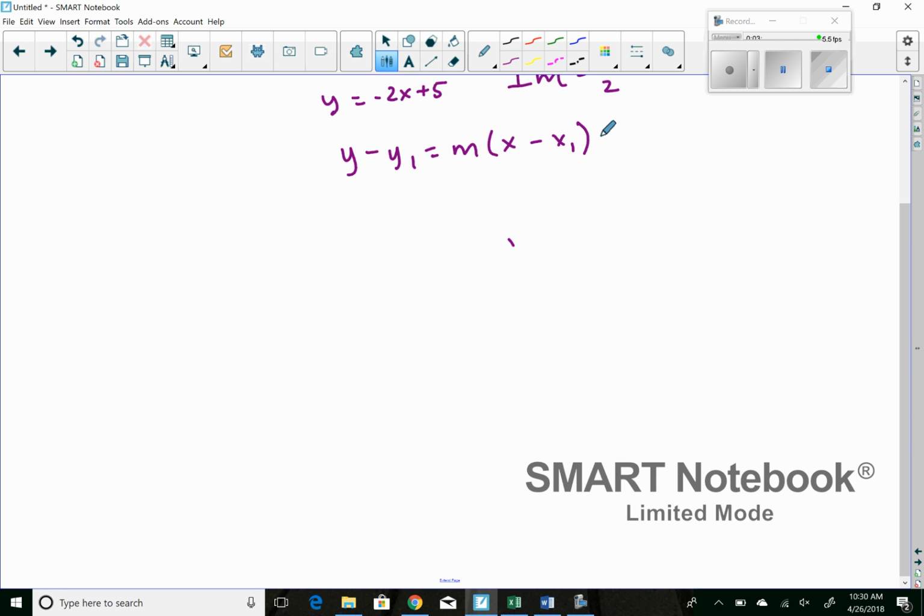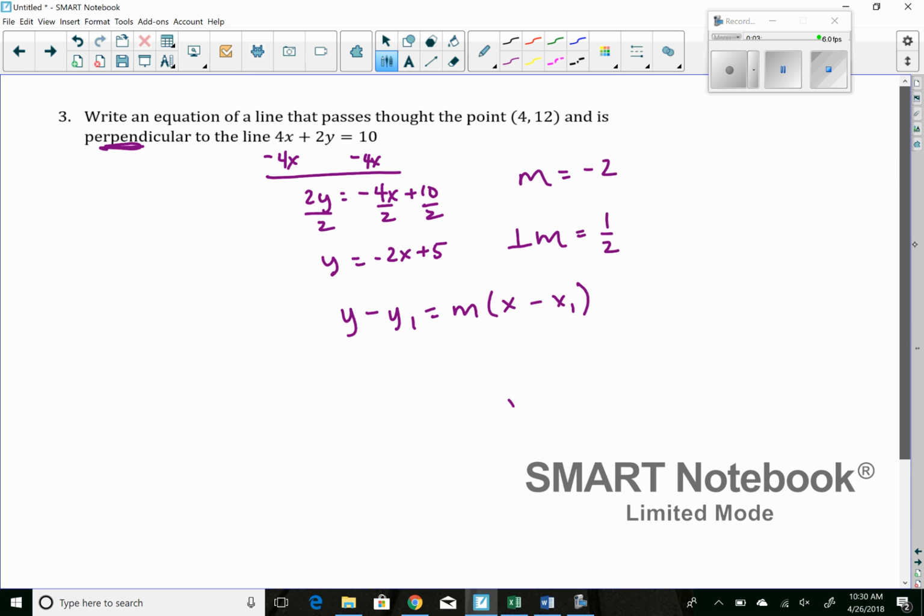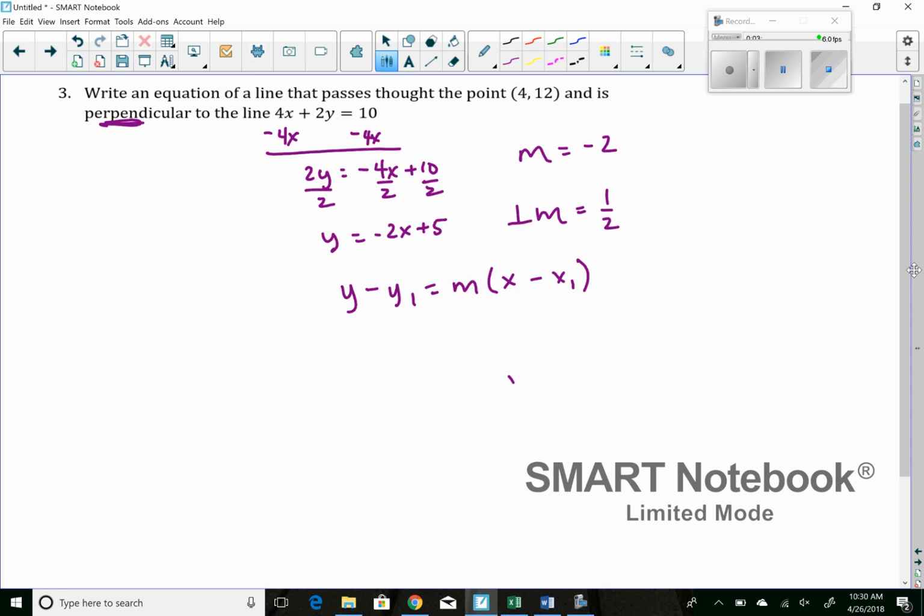The slope I want to use is the 1/2, and the point is 4, positive 12, so I'd say y minus 12, because that's the y value, equals positive 1/2 times x minus 4. This is a perfectly acceptable equation of a line.